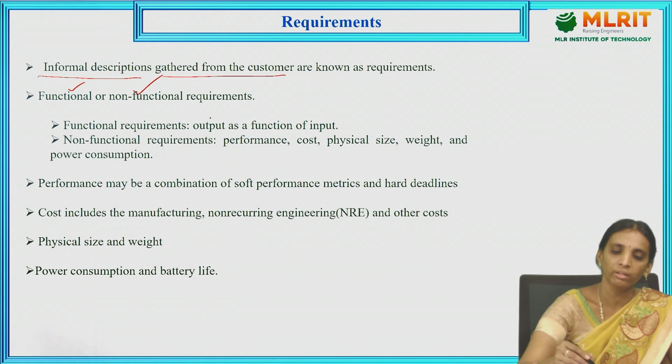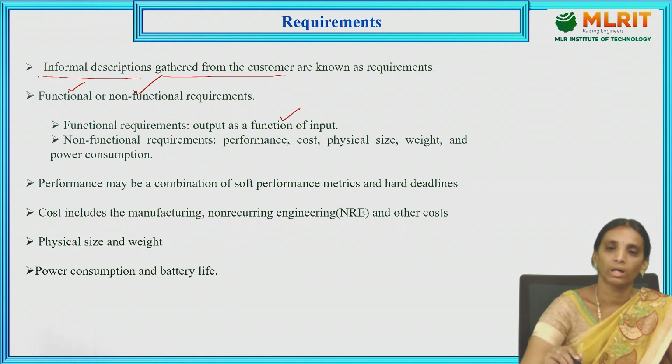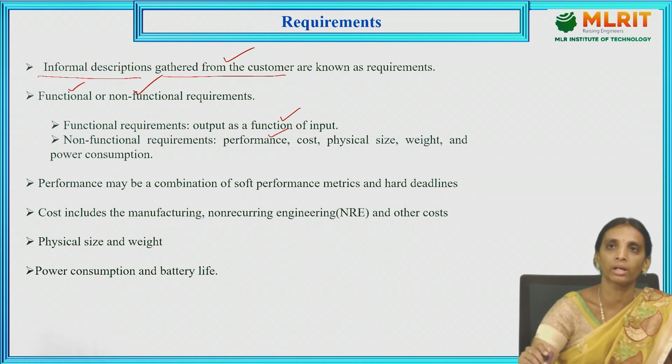That is called the functional description. Non-functional requirements are those not known by the customer; those are known by the programmer or designer. So for non-functional requirements, we need to consider these factors while getting information from the customer about the embedded system we need to build for a particular application.